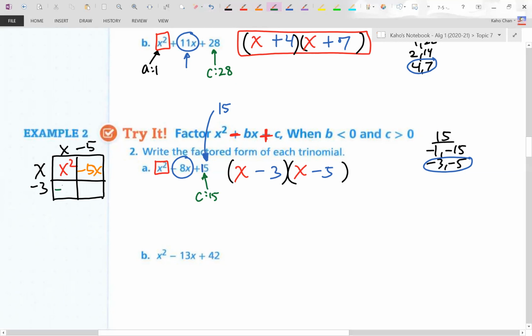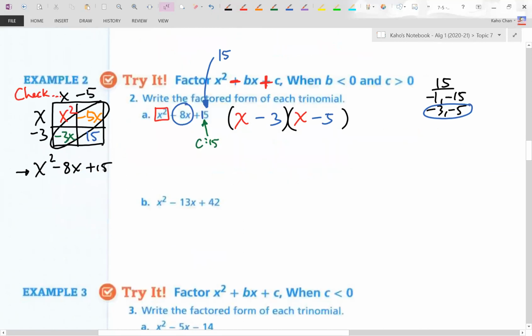Negative 3 times x is negative 3x. And of course, negative 3 times negative 5 is positive 15. And it's an easy and quick way to check all those, right there. Oh, look at that. The O and the I add up to negative 8x. There it is. This is a check. You don't have to do this. I just want to show you that in a box.